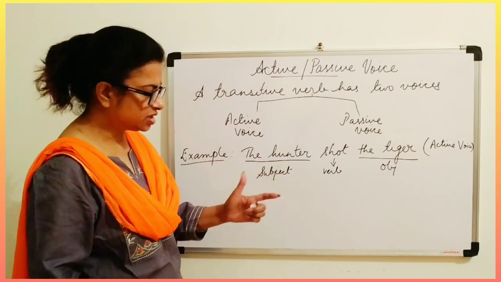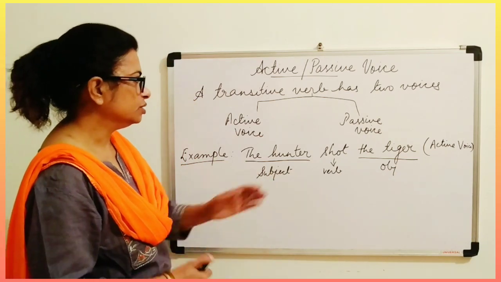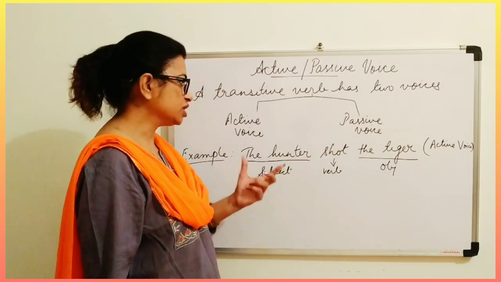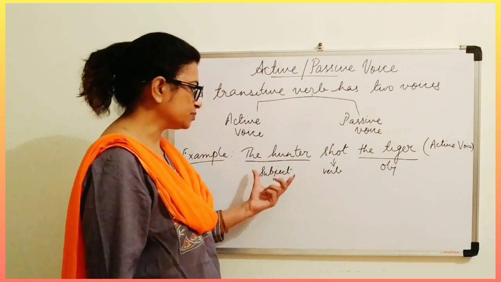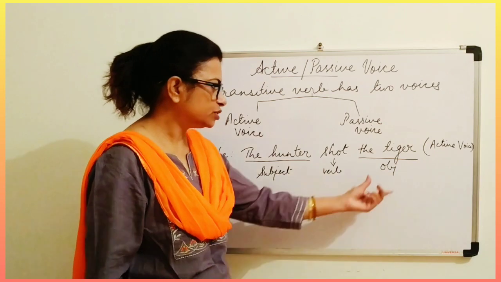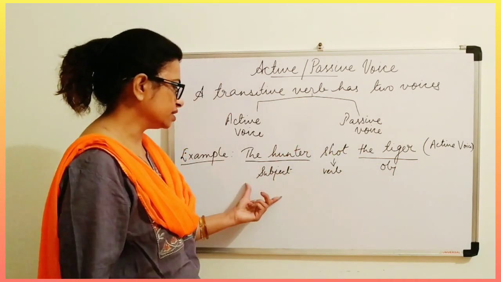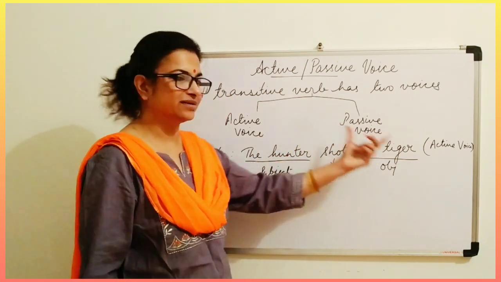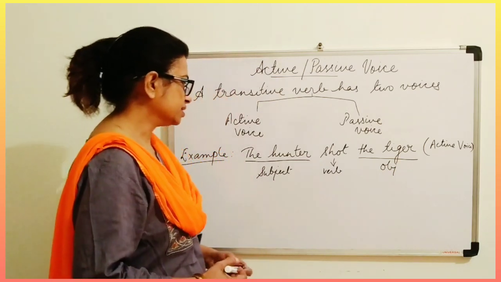Now, we can change this sentence into passive voice. How? By changing the place of the subject and object. We'll just reverse their places. We'll put the object here and transfer the subject there. Let us do it.